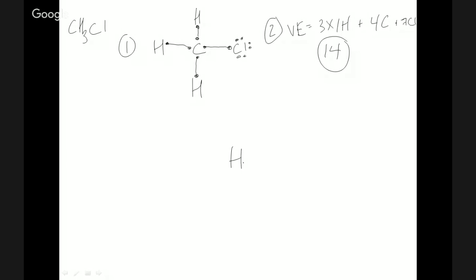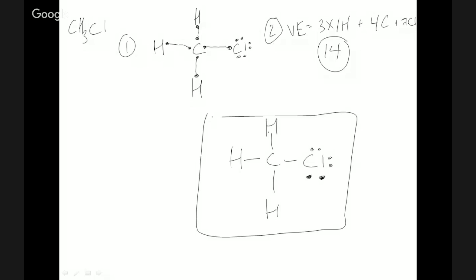Please redraw it for me very clearly. Got to include lone pairs. You must include that for a proper Lewis structure, but that is the correct answer. Okay, so we arranged the atoms, we counted electrons, we arranged the electrons again, and then we counted formal charge. Again, it's 0. I'm just going to keep mentioning that.